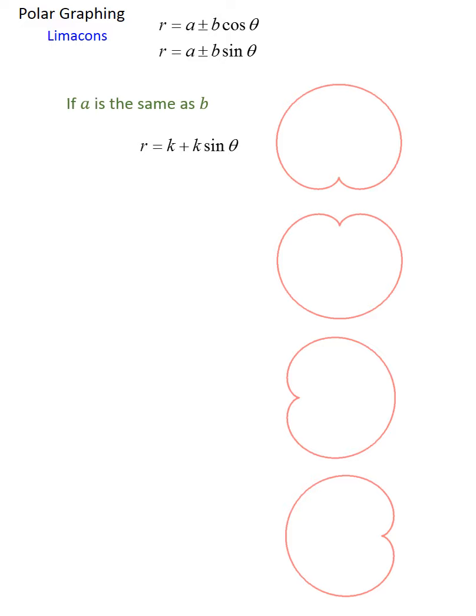I didn't call it A or B, I just called them both K. Algebra rule, if we use the same letter twice in an equation, that represents that there's the same number in both places. So, if I have a sine with a plus or a minus in it, I'll have either a down or up heart, and if I have a cosine, I'll have a left or a right heart.